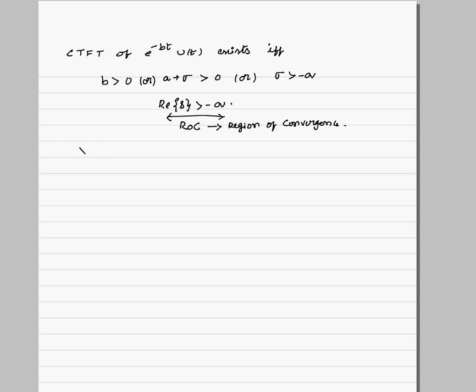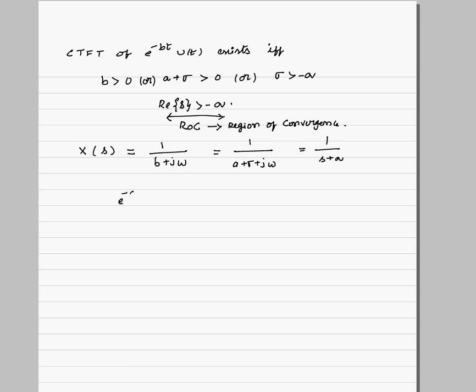Obviously, if this condition is satisfied, then what do we get? X of s is nothing but 1 by b plus j omega. So this will be equal to 1 by, what is b for us? It's already there, a plus sigma plus j omega. So this will be equal to 1 by s plus a. So let us summarize the result.